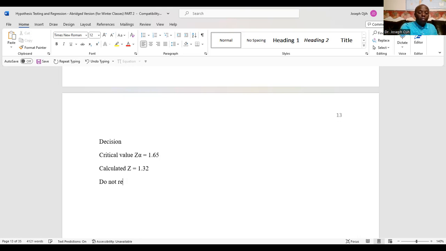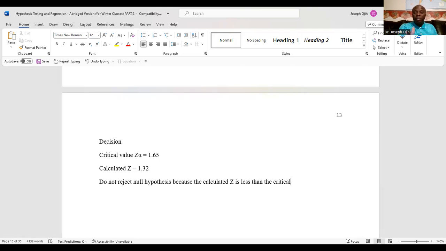Do not reject the null hypothesis, because the calculated Z is less than the critical value.